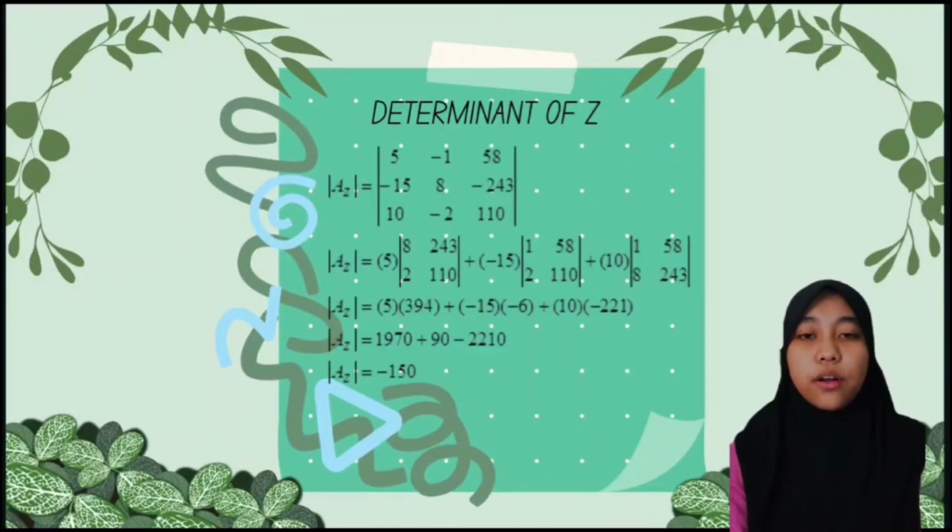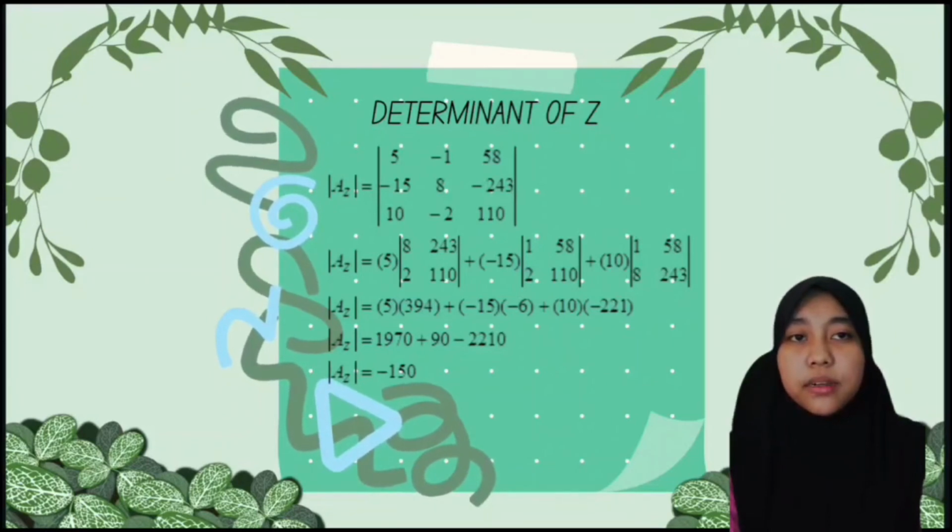We solve all the multiplications. 5 multiplied with 394 equal to 1970. Negative 15 multiplied with negative 6, we got 90. And 10 multiplied with negative 221, we got negative 2210.